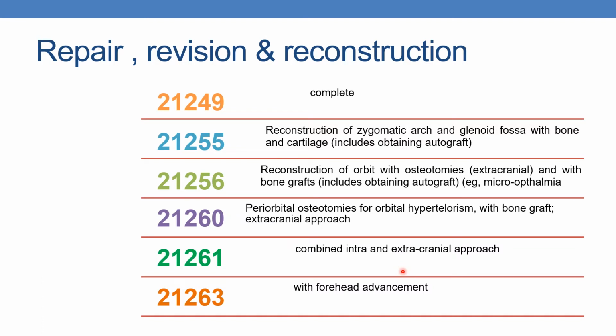It deals with combined intra and extracranial approach. Periorbital osteotomies for orbital hypertelorism with bone graft combined intra and extracranial approach. Next is 21263. It deals with periorbital osteotomies for orbital hypertelorism with bone graft with forehead advancement.